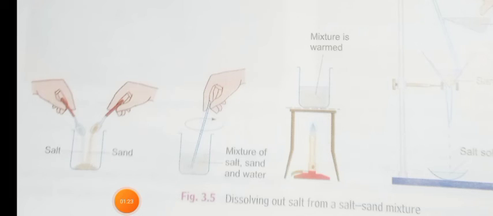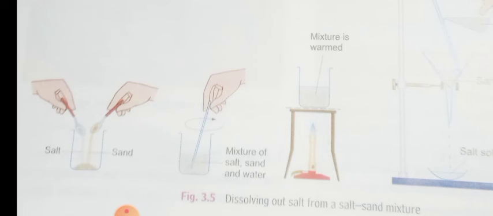Okay, now the next method is dissolution and evaporation. In this method, we are going to take a mixture of salt, sand and water. The salt and sand should be taken in a beaker or conical flask.